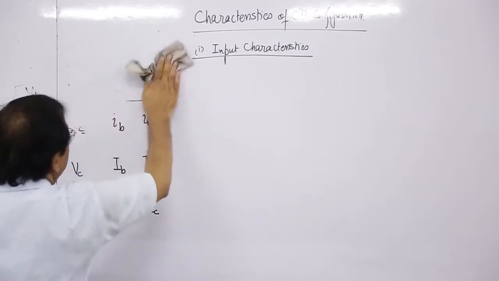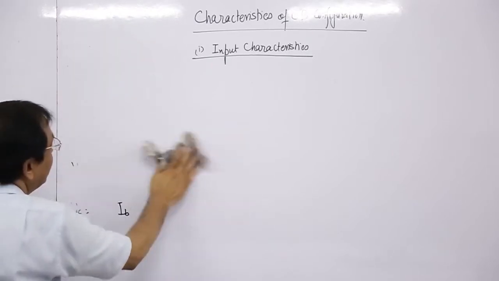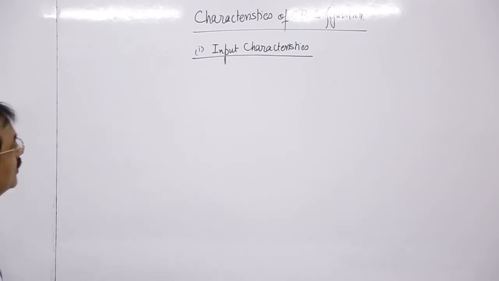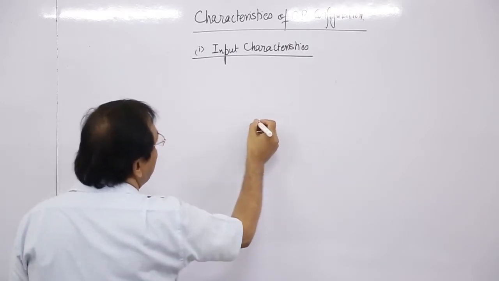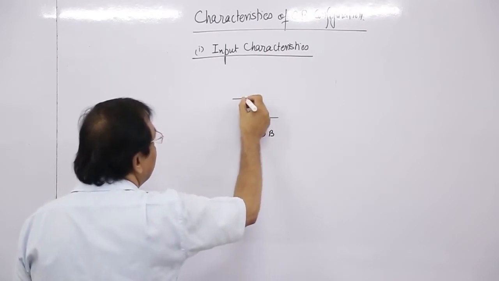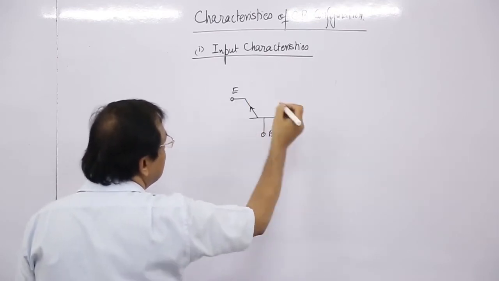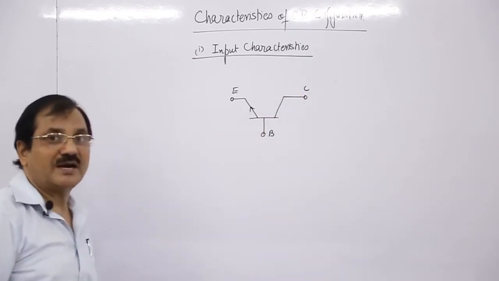This can be designed as in the given diagram, where there is a variation of input voltage as well as the variation of output voltage. So suppose this is the base, here it is the emitter, and this part is the collector.